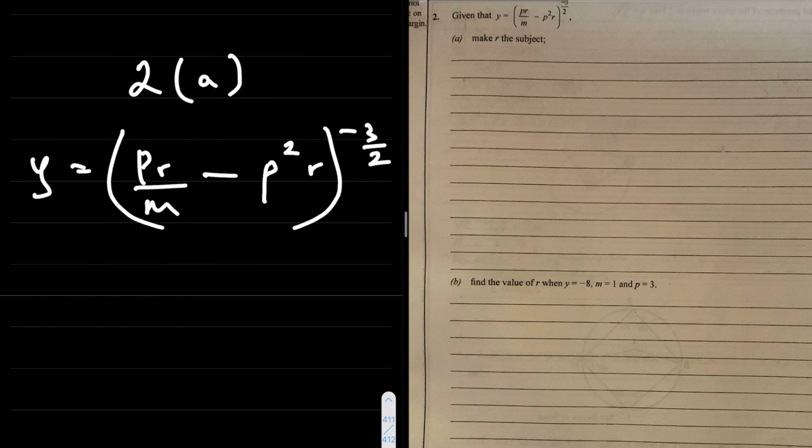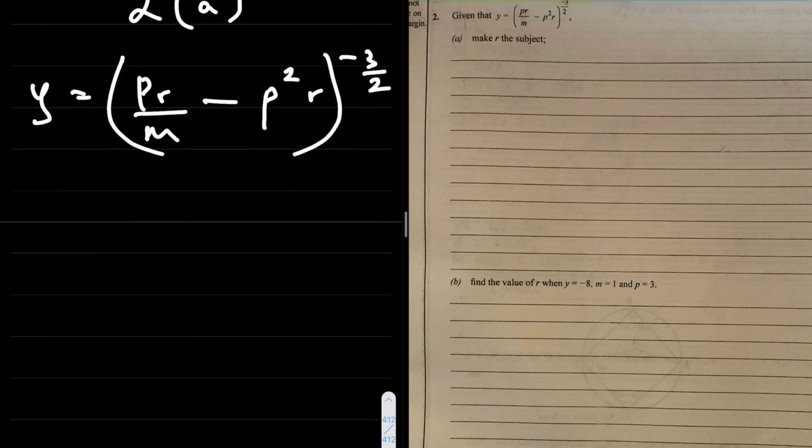The first thing to do is to raise both sides to a power that is the inverse of this. The inverse of minus 3 over 2 is 2 over minus 3.